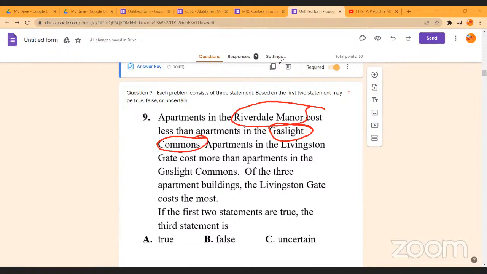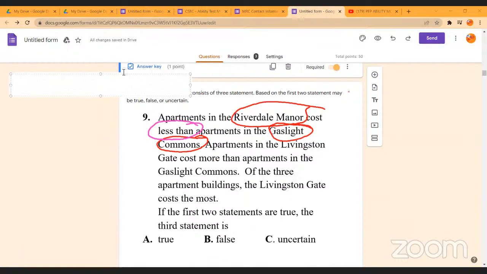And another important information that they say is that apartments in the Riverdale Manor cost less than. So let's highlight the words less than. Apartments in the Gaslight Commons. So if you were supposed to think about the top-notch place now, which of the places would you say is top-notch based on the price?